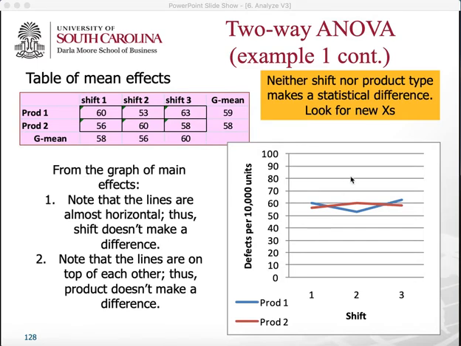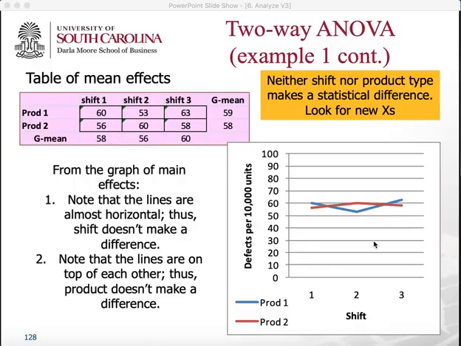What will happen if the shifts are different? For example, if shift 3 is a lot worse, has a lot more defects than shift 1 and 2. Well, what you would see is that these lines will have to split, right? So they can't be straight like they are now. They have to go up or they have to go down somewhere along the way, right?